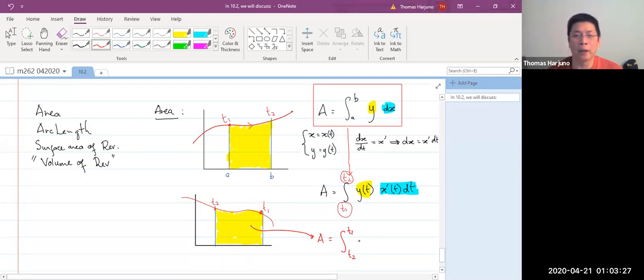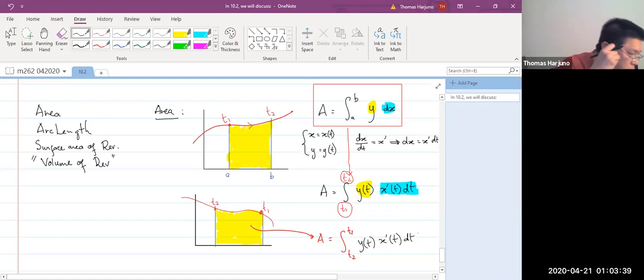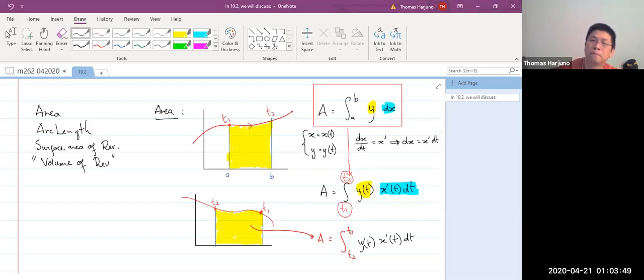Okay, and the one inside stays the same. That's basically y(t) x'(t) dt, like that. Okay. Will that be made known, or will we have to determine which way the graph is increasing or decreasing? You actually need to determine that, but you will see that that will only reverse it: positive becomes negative, negative becomes positive.